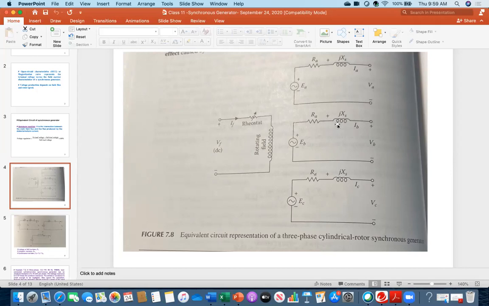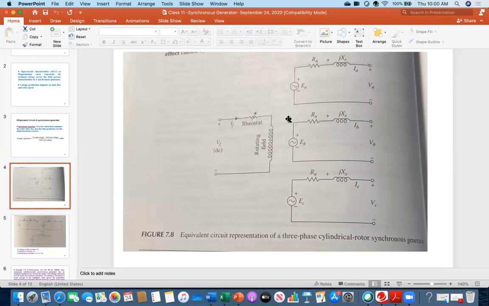Now it has two components. One component is the self or the leakage flux, which is just moving here. But the other component interacts, it links with the main field. This means some portion will be interacting here. And then what will happen? It will oppose the main field flux.